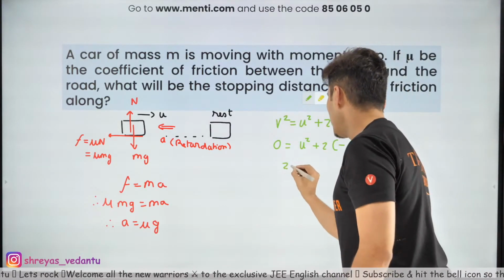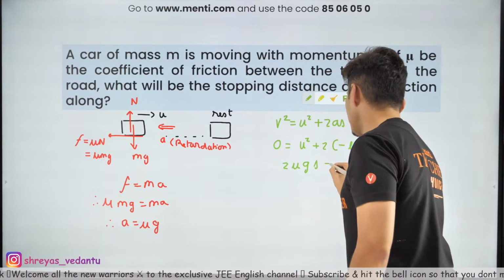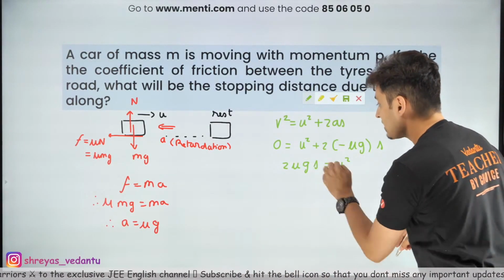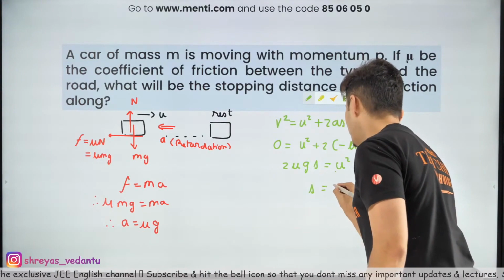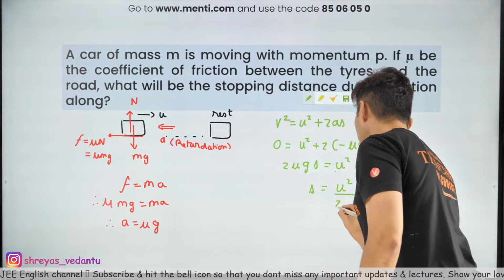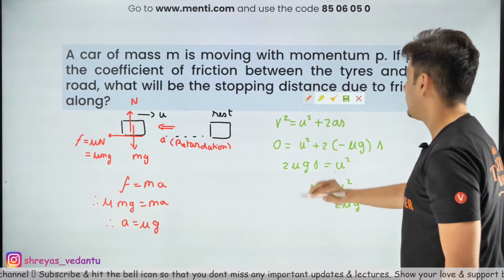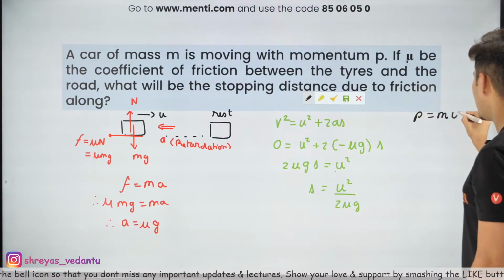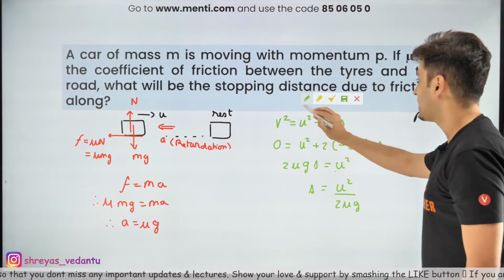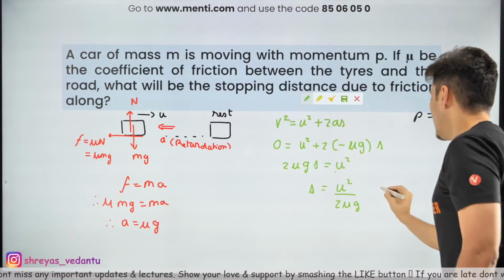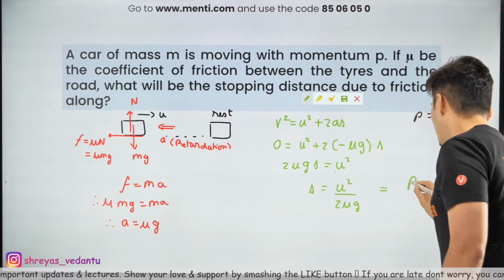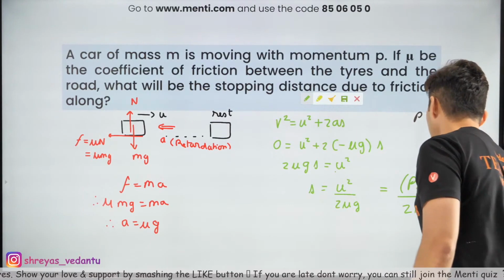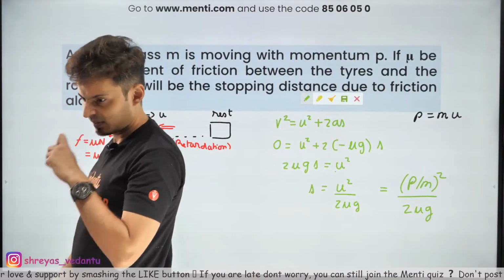So you can see this will be 2 mu gs is equal to u square. Don't cancel this. This is velocity. This is coefficient of friction. So s is u square by 2 mu g. But do not forget one thing. Momentum is mass into initial velocity. So substituting that, I will get u is p by m. So p by m whole square by 2 mu g. That's the answer. Yep, that's it.